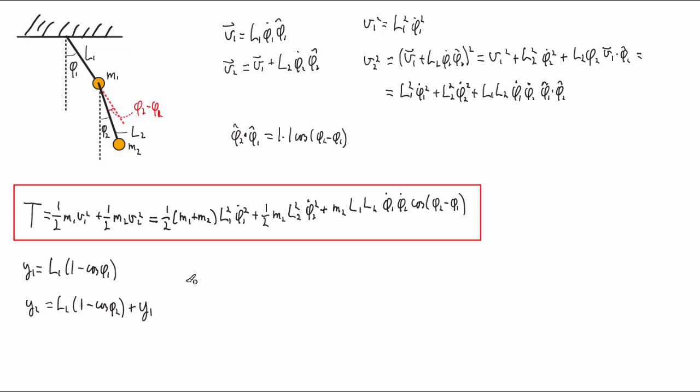Okay. And this then gives us the potential energy. It's the potential energies of the two masses, knowing their vertical positions.